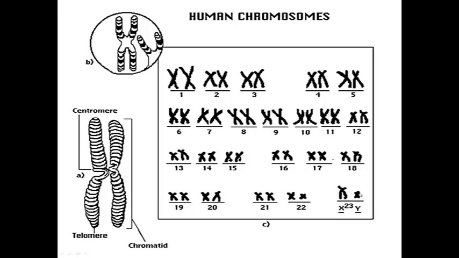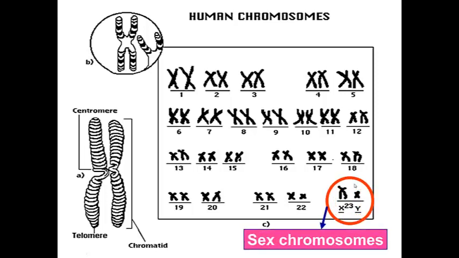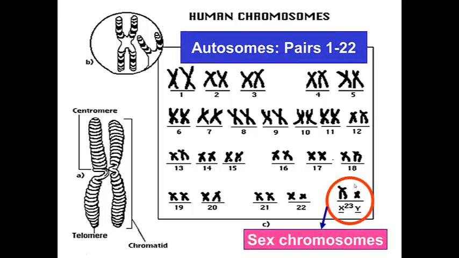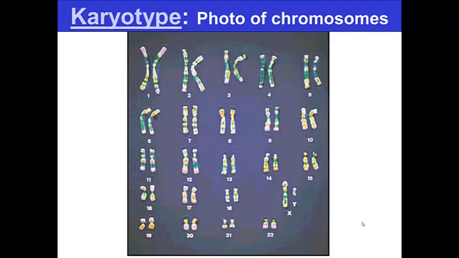This person is an XY, so he's a male. So autosomes mean non-sex chromosomes, pairs 1 to 22. Sex chromosomes are pair 23. A karyotype is a picture of these chromosomes in the DNA of a cell.